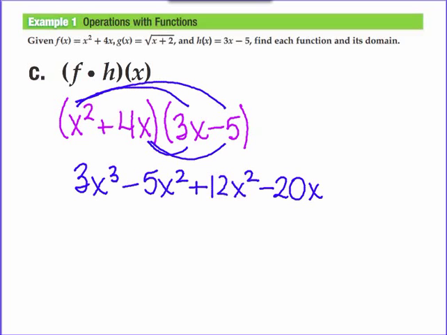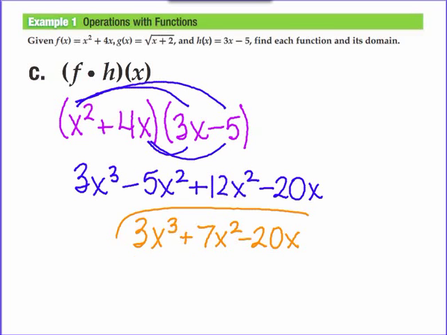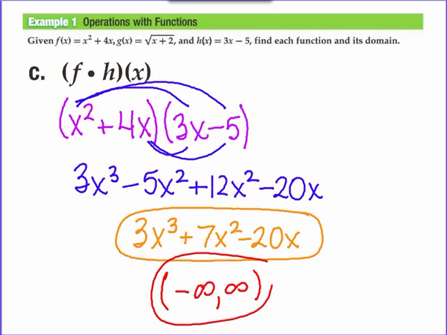And what do you get? 3x cubed plus 7x squared minus 20x. There you go. And the domain here is negative infinity to where? Positive infinity. Good. So far so good. It's not too bad. Okay, I think we've got one more to look at.